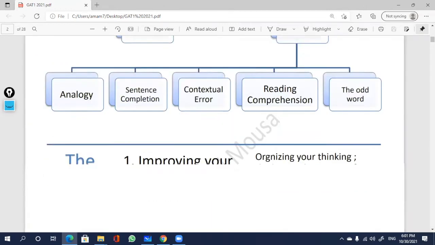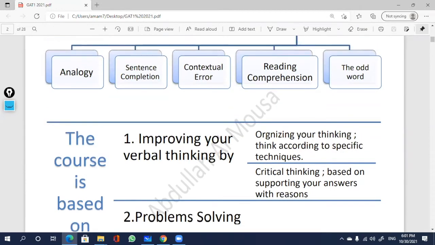Okay, now most of the students face difficulties when they deal with the verbal section, because we don't have enough tajmi'at in the verbal section, and they depend on memorizing the previous questions. But our course is based on 2 things.